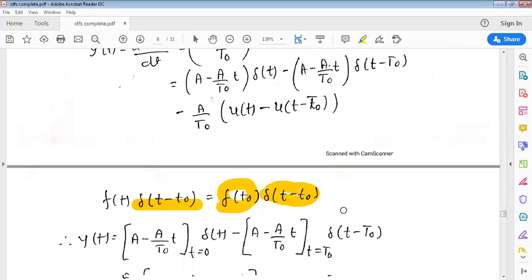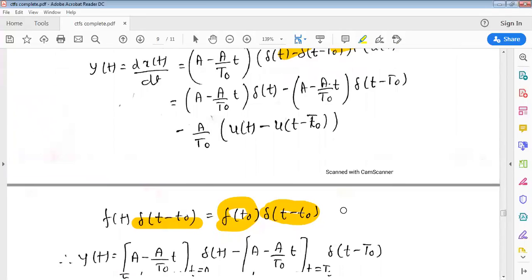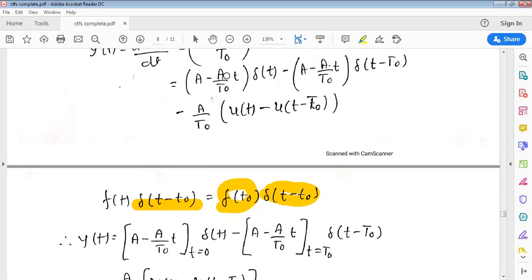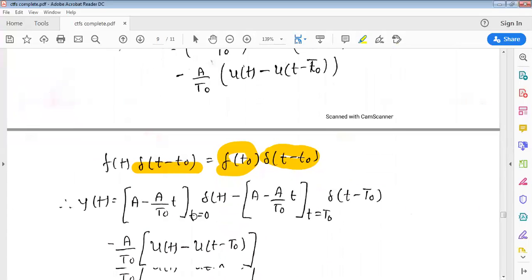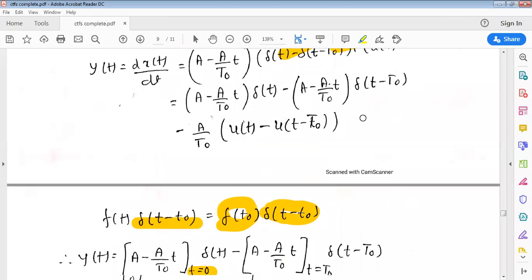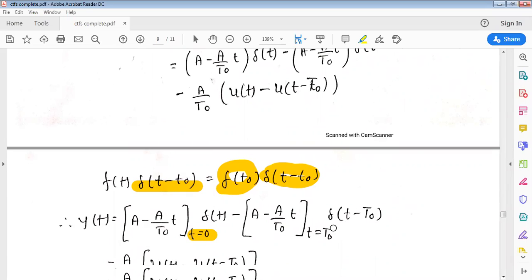Okay, so now what happens? Y of t is equal to (A minus A by t naught into t) into delta of t minus this function as it is. I have not changed anyone. But remember, delta of t exists at t equal to 0, and delta of t minus t naught will exist at t equal to t naught, because for any other values the delta function will give you simply 0.